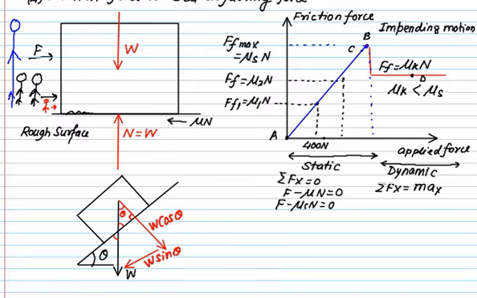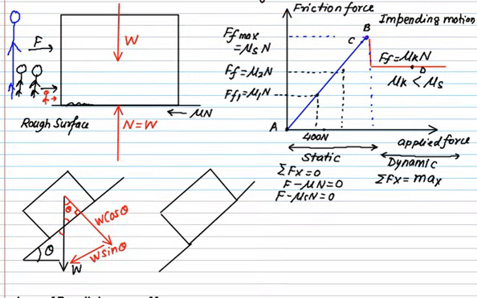Drawing an FBD is also a skill. How you draw the FBD is also a skill in mechanics. So next time, if you come across this type of figure, you show one arrow like this and one arrow like this. And try to show the arrows inside the block only. Don't show any arrow outside the block.